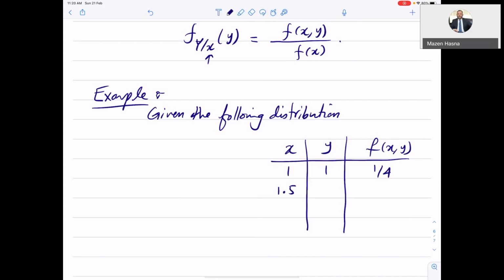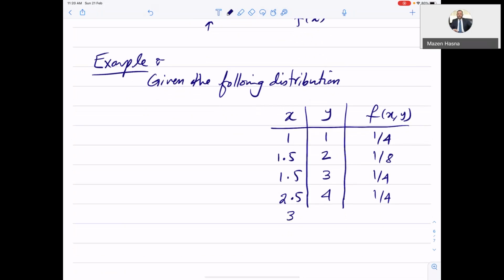When x is 1.5, and y is 2, it is 1/8. 1.5 and 3, 1/4. 2.5, 4, 1/4. Finally 3, 5, 1/8. So this is the joint distribution.